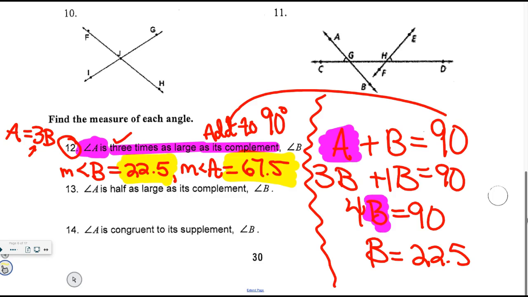Go do 22.5 plus 67.5, and he said, yeah, it does. If it didn't, we did it wrong. It means we either set it up wrong over here, or Matt did something wrong in his calculator here, or Ellie didn't tell me how to get angle A correctly. But I'm confident we all did it well together because it's adding up to 90 degrees, and that's what complements mean. Does that make sense?